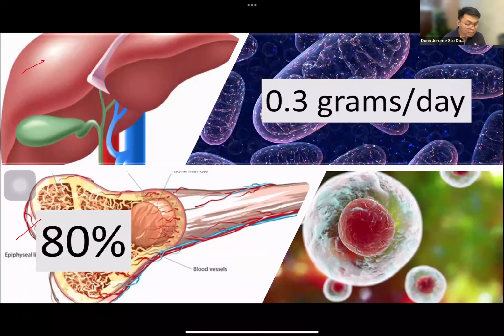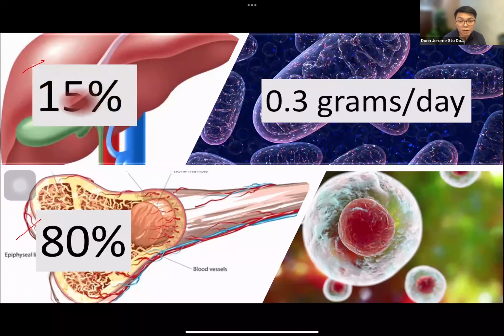This specifically occurs in the erythrocyte precursor cells. Again, I repeat, in the erythrocyte precursor cells. And 15% is in the liver, where it contributes to the production of cytochrome P450. Di ba ang cytochrome P450 is a heme protein containing heme? So 15% ng heme synthesis is in the liver. Okay, can you guys follow?